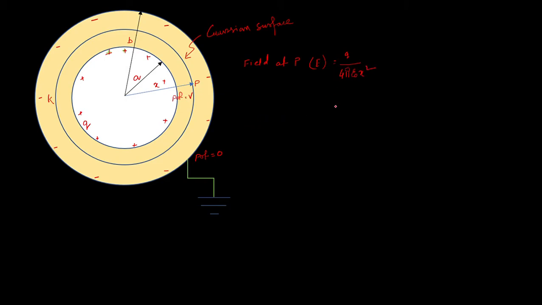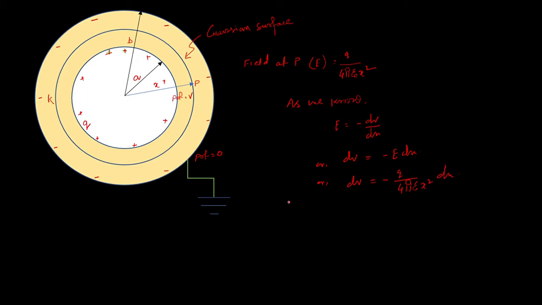Now we know the relation between intensity and potential, given by E is equal to minus dV by dx. If it is true, then dV will be nothing but minus E dx. As we know the value of E, putting it here, we get Q by 4 pi epsilon naught x square, whole into dx.